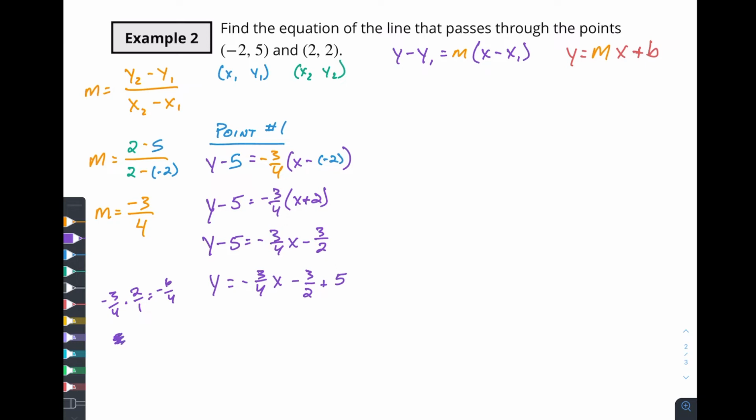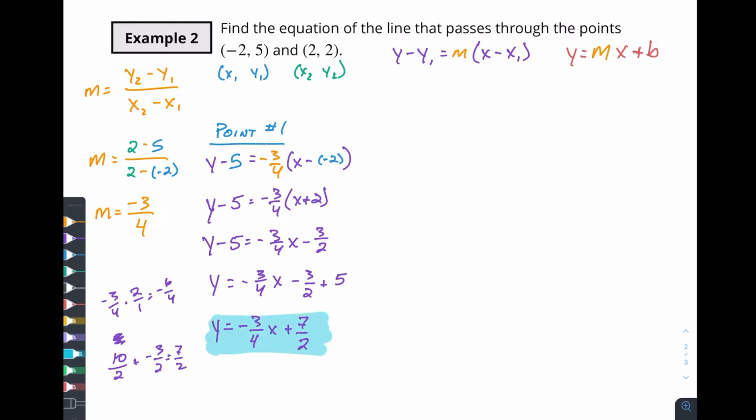So our common denominator would make it 10 over 2 plus a negative 3 over 2. So we're going to have a positive 7 over 2. So our equation, using our first point, is y equals negative 3/4 x plus 7 over 2. So that would be for our first point.